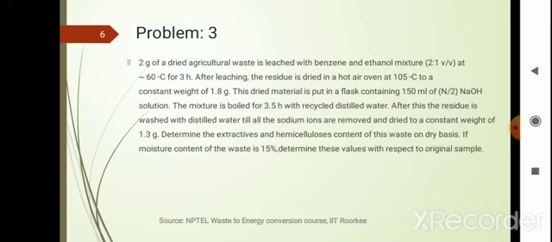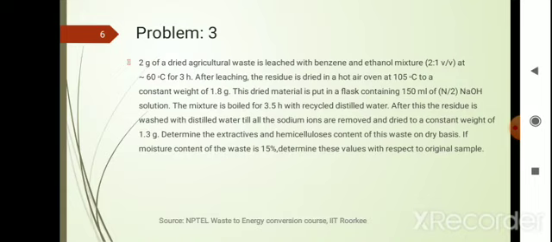A 2 gram of a dried agricultural waste is leached with benzene and ethanol mixture 2:1 volume at 60 degrees Celsius for 3 hours. After leaching, the residue is dried in a hot air oven at 105 degrees Celsius to a constant weight of 1.8 gram.